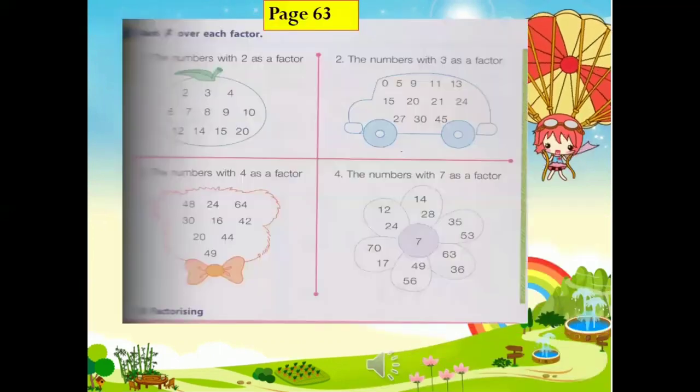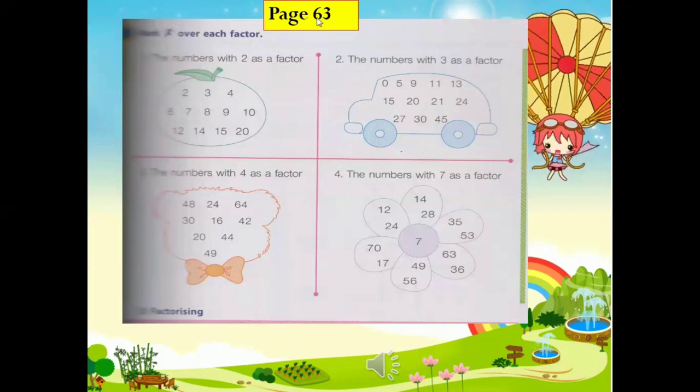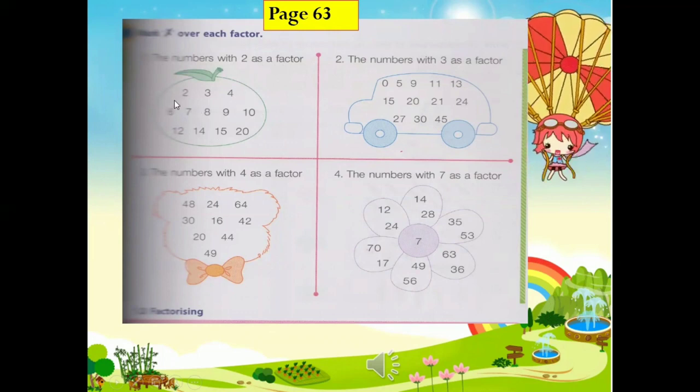Okay, for your work, students, can you please answer your book on page 63? Just follow the instructions. It says here, mark X over each factor. Number 1, the factors with 2 as a factor. So which number has a factor of 2?